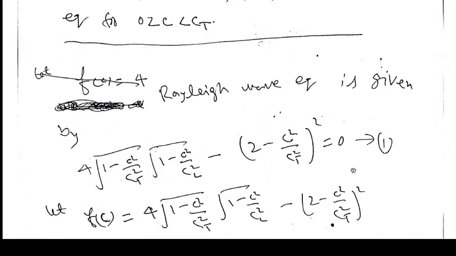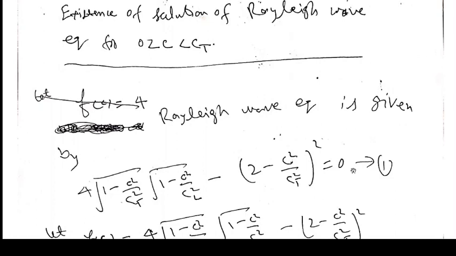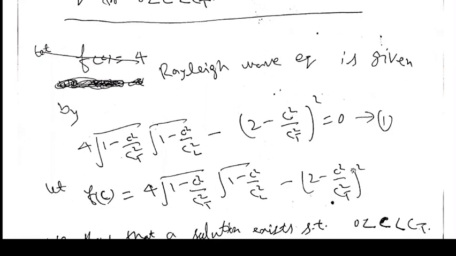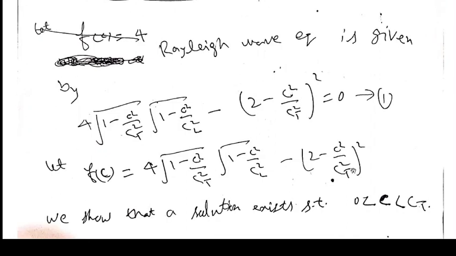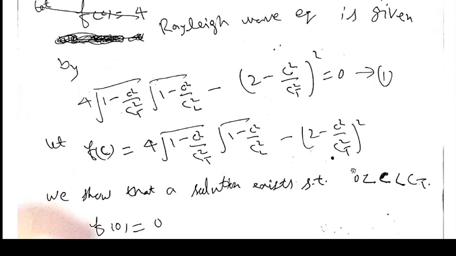So let's see how we can do this and how we will show that our Rayleigh wave speed, which will be denoted by c subscript capital R, cR, lies between 0 and ct.